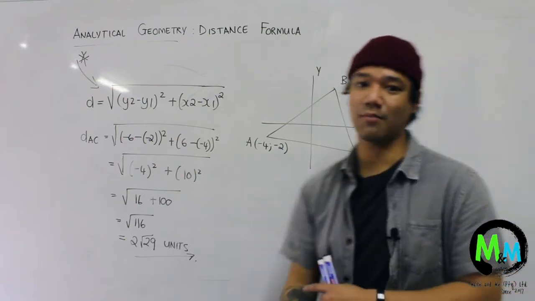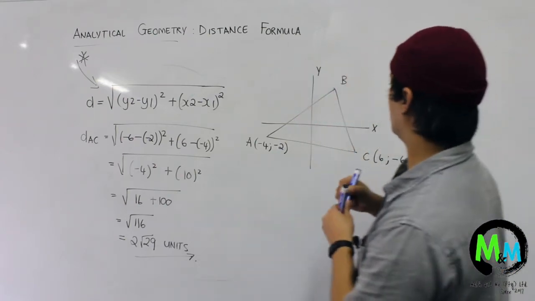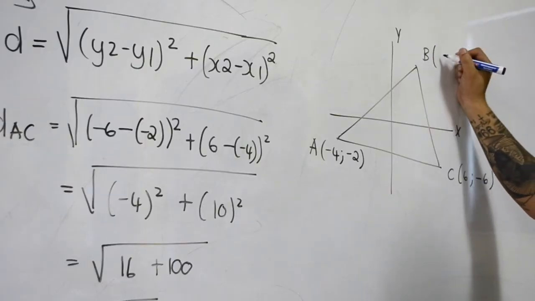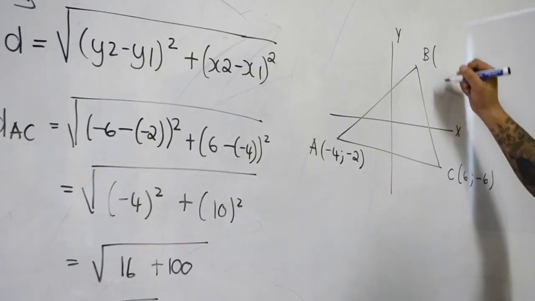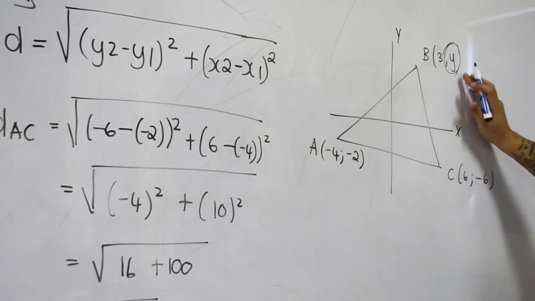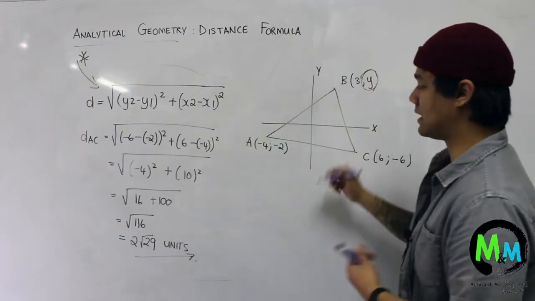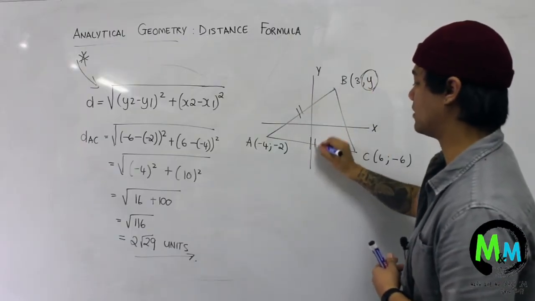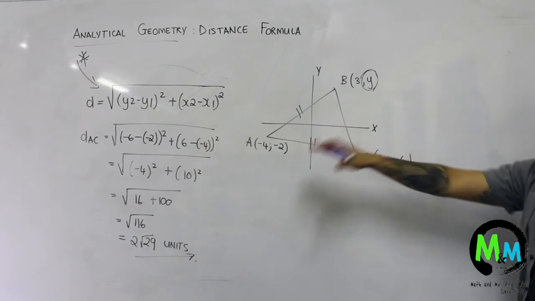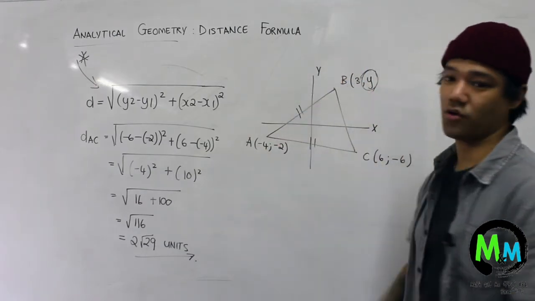Again, they can ask it in a number of ways. Something interesting would be maybe they give you B's x value, like let's say 3, and then y. And then they could ask you to determine y, given that triangle ABC is an isosceles triangle. So for example, if they tell you AC is equal to AB, then we can use the distance formula to find coordinate y.